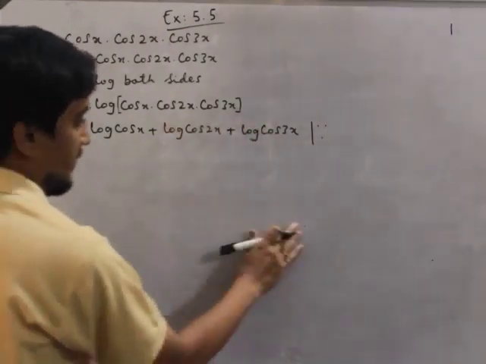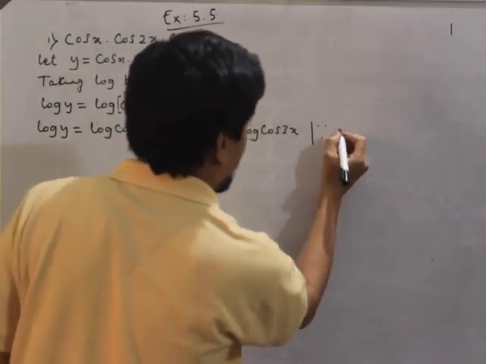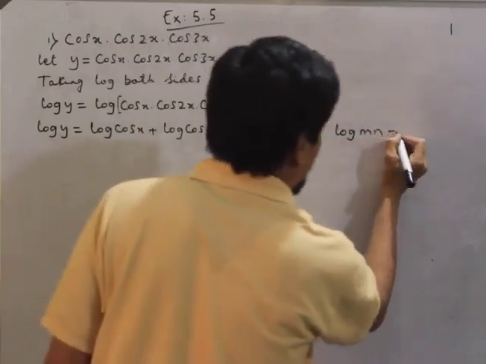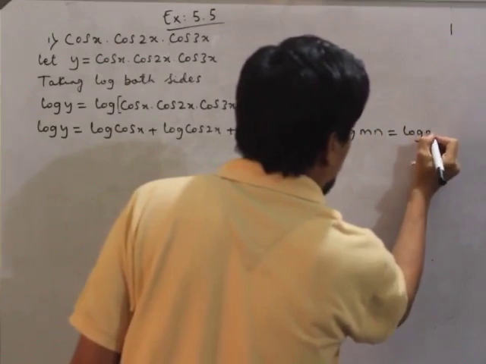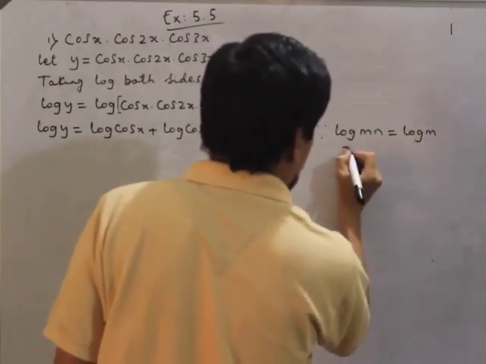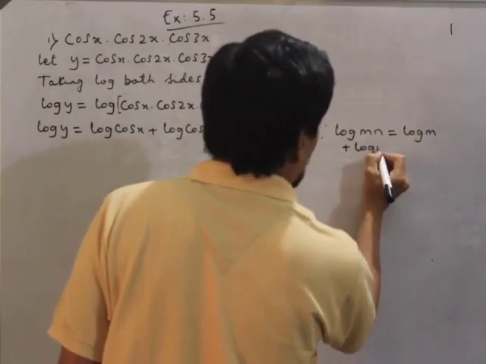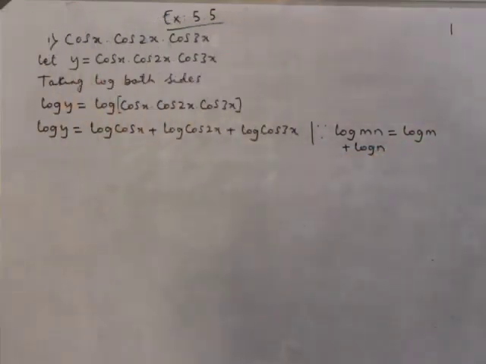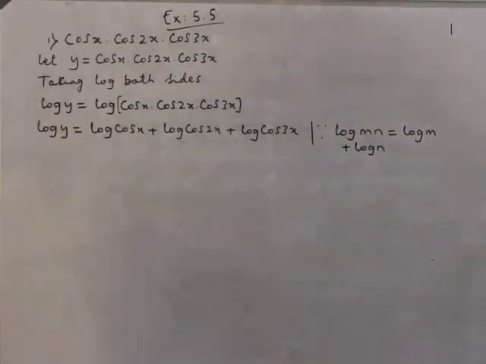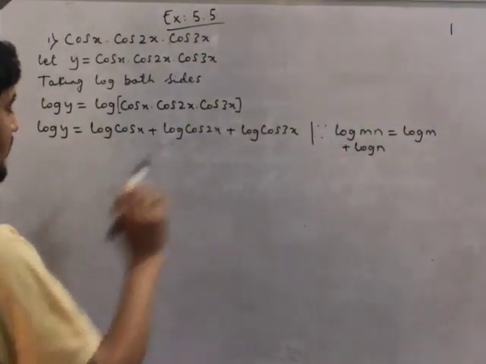Here is the reason I am going to write: because log mn is equal to log m plus log n. So based on this rule, I have written it like this.